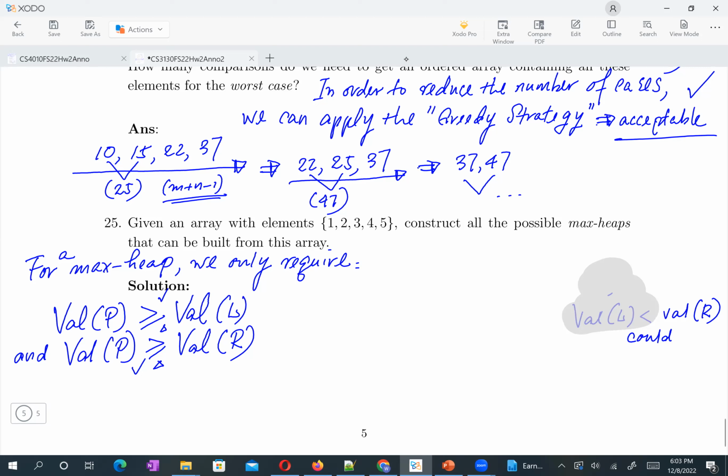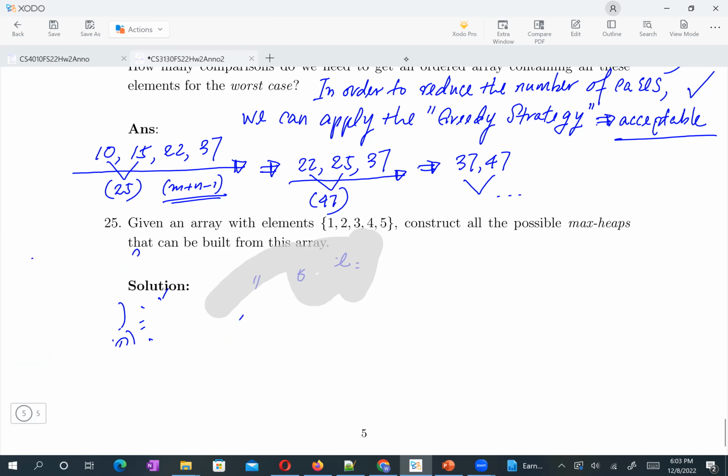Let me just quickly erase. I need a little more space here. This part I cannot erase. Oh, good, I can erase.